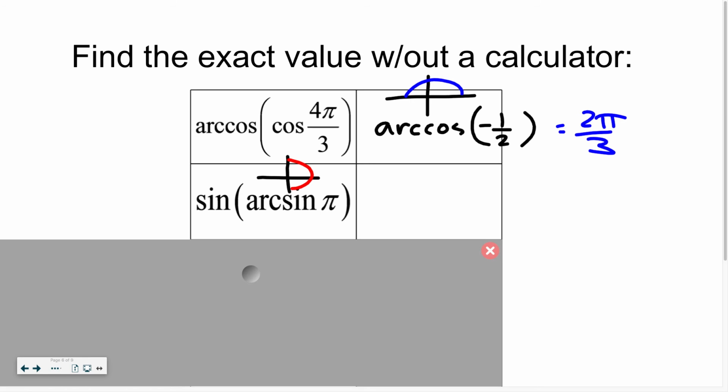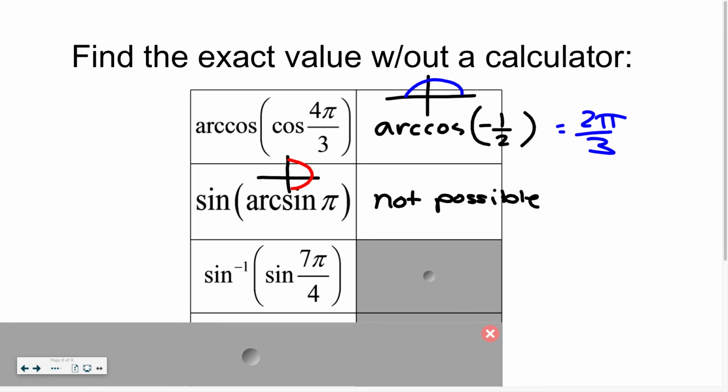That would mean that the y-coordinate was pi or the y-coordinate was 3.14. We don't have any coordinates that have pi in them, right? That's really like an angle. Okay, not possible. Can't do it. So again, that old thing where you would say like, oh, just cancel them out and say my answer is pi. Well, no, you really can't do the arc sine of pi. So you want to work inside out.